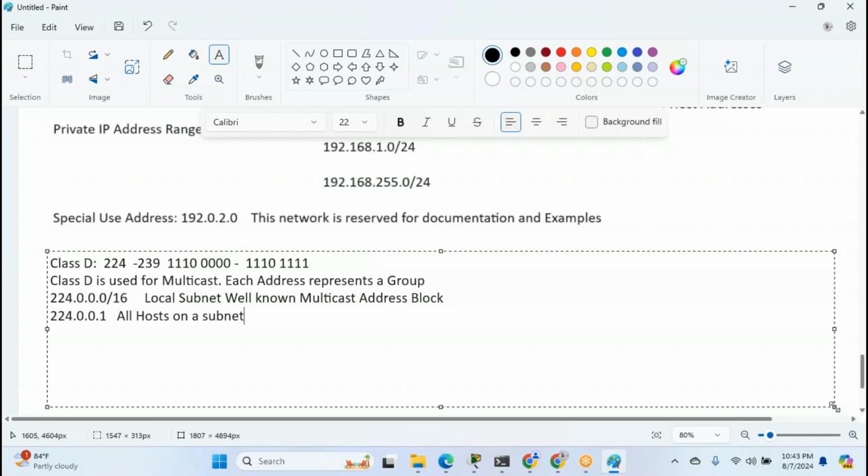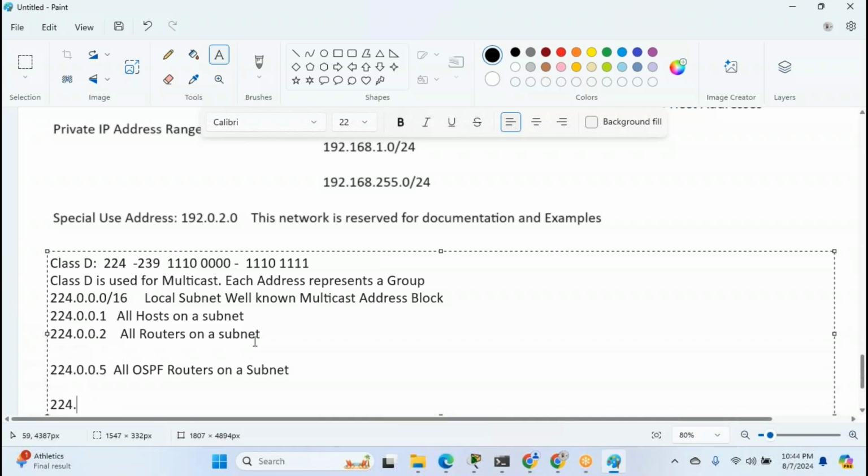If you want to send a message to all hosts on your network, you can use this address. 224.0.0.2 is all routers on a subnet. 224.0.0.5 is all OSPF routers on a subnet. These are the examples of this first group.